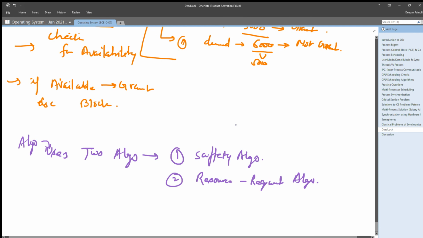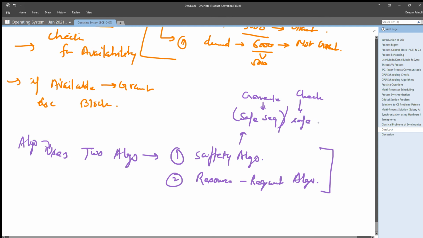Before going to these two algorithms, see, the safety algorithm is used to generate a safe sequence, or to check for a safe sequence.